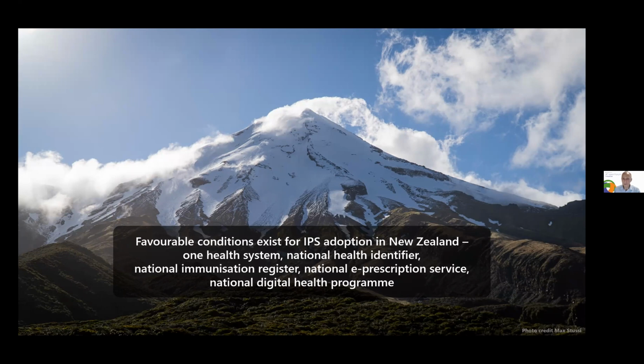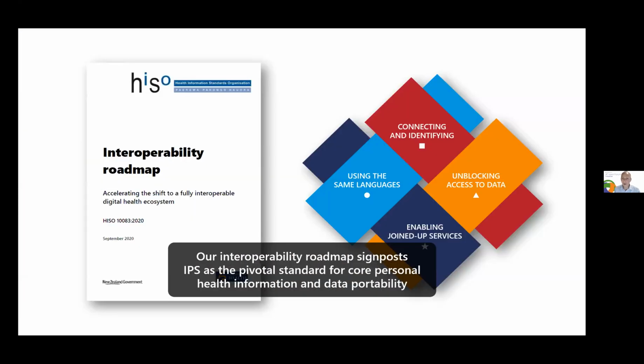Next slide, please. In 2020, we published an interoperability roadmap that shows the way to a considerably more joined up health system. Our principal standards for interoperability are painted in the roadmap in very bright letters. Adherence with the standards is made a condition of all public investment in health information systems and consumer health platforms.